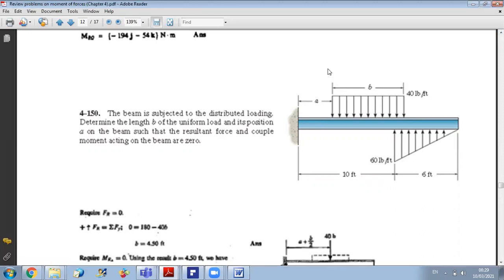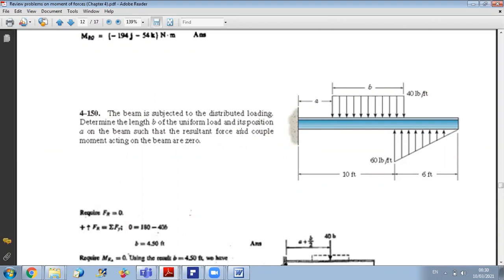Then, as usual, here the given is a little bit different. Here A and B are unknown, and we want to find the relation between A and B. So what should A and B be in order to have the resultant force and couple acting on the beam equal to zero?